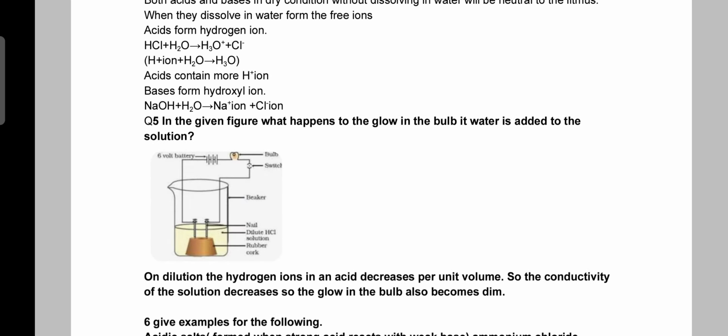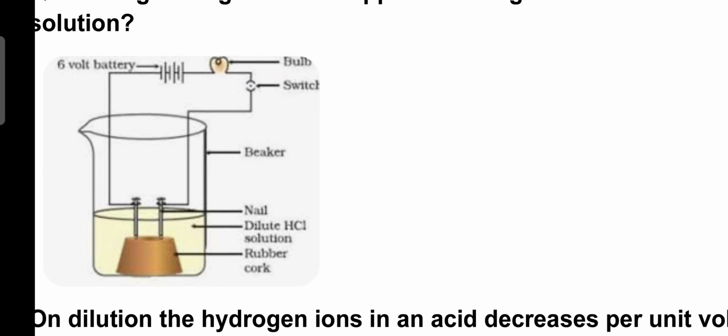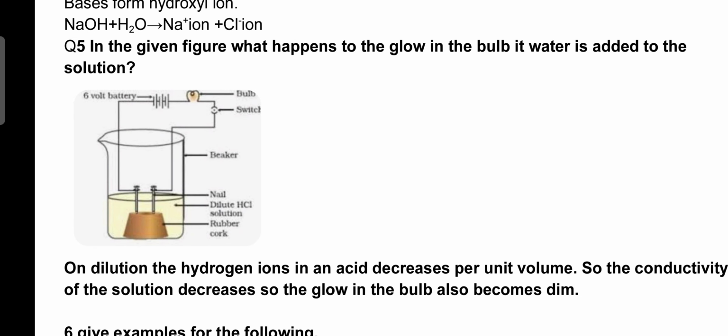Now in the next question, in the given figure, this figure may come for drawing also, but there may be another tricky question: what happens to the glow of the bulb when water is added to the solution?